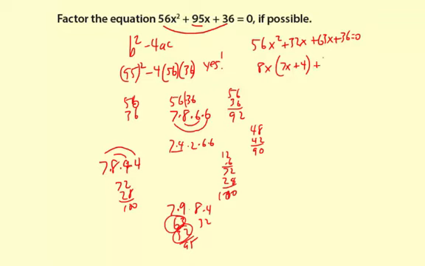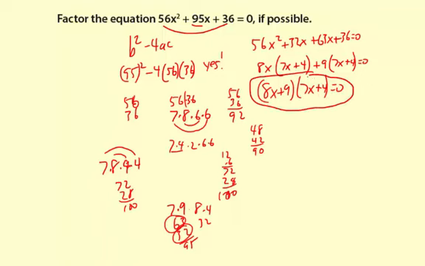Then for 63 and 36, there's a 9 in common, and that leaves 7x plus 4. Now we'll do the grouping. 8x plus 9 times 7x plus 4 equals 0.